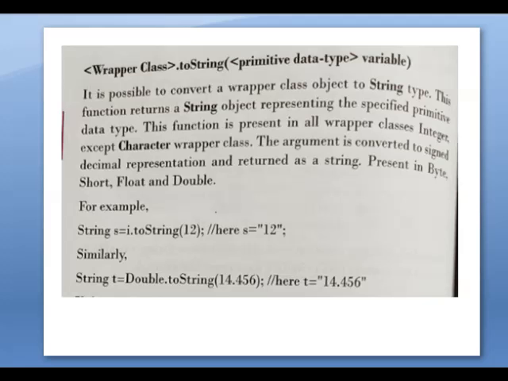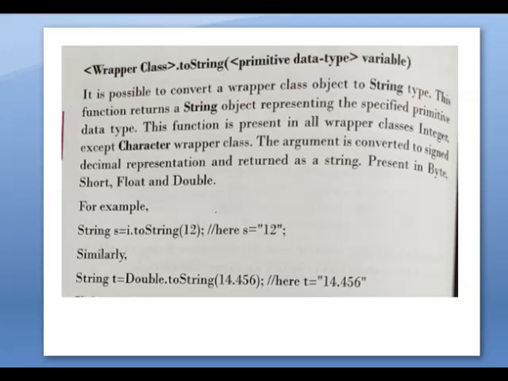It is possible to convert a wrapper class object to string type. This function returns a string object representing the value. This function is present in all wrapper classes except Character. The argument is converted to signed decimal representation and returned as a string. Present in Byte, Short, Float and Double. For example, string, this example you have to listen.